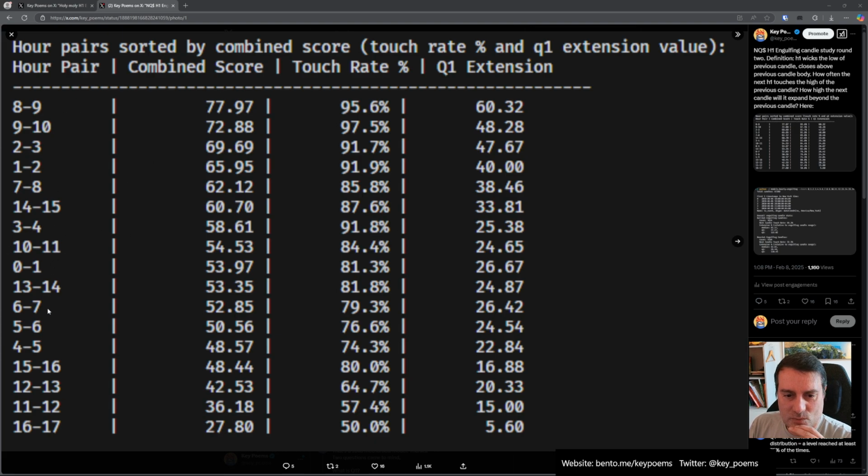Not all hours have high probability. The lunch break engulfing candle is not that strong, 11 to 12 not that strong, and the close not that strong. But in all other cases, when you get this configuration, you have a very high percentage that we will touch the high of the engulfed candle, and it will run by a huge percentage.